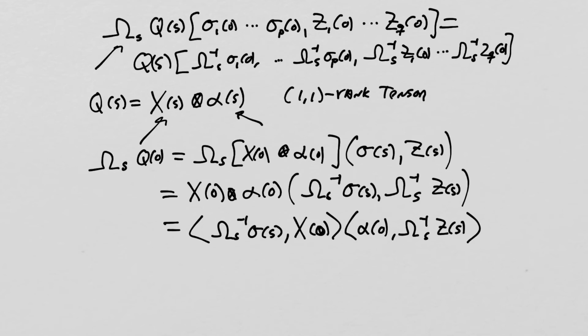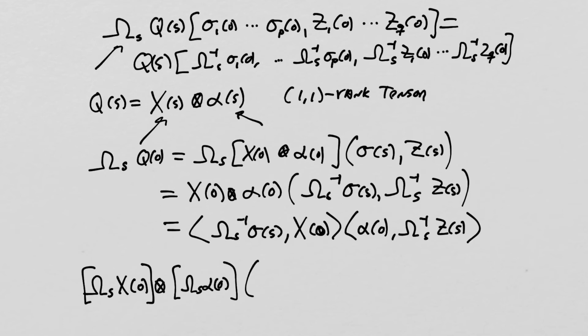we can compare it with omega s of x0 tensor product, right? So remember this thing here, that's a vector located at S, tensor product with omega s at alpha 0, and that is a covector.